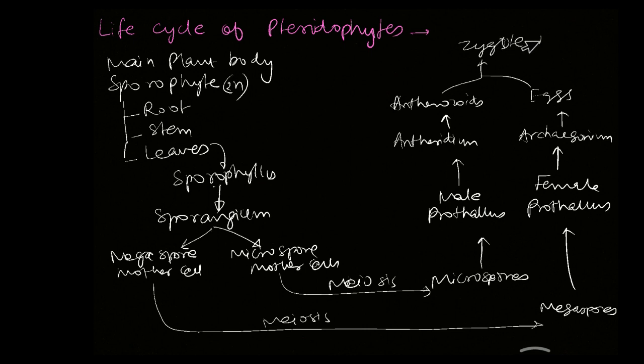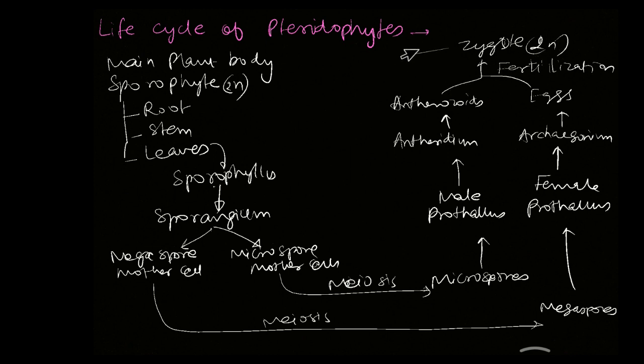and the zygote is a diploid structure. Before meiosis all structures are diploid, and after meiosis all structures are haploid, and when fertilization occurs, the zygote is diploid.